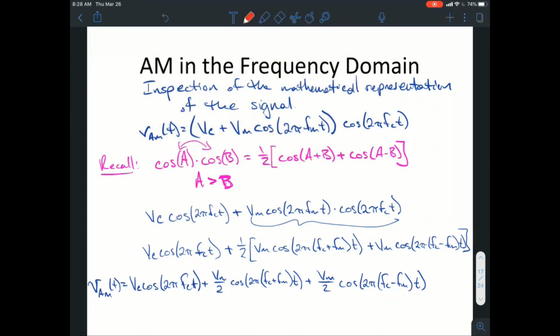So the first thing I want you to look at is that this is our original carrier signal. Then, when we look at these other pieces, we're going to have two things in common. Our amplitude is going to be the same for each one of these separate signals.